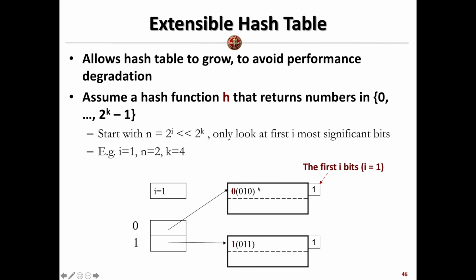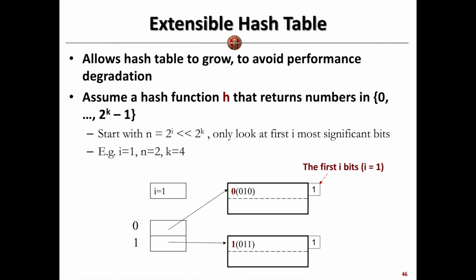Inside the bucket, we have two entries, so we can store two different entries. We put this key 0010 and a pointer in the first entry. Similarly, for the second bucket, we can store 1011. Via the hash function, we know the first bit is 1, so it is projected to the second bucket. We can put this key together with the pointer in the first entry of this bucket.